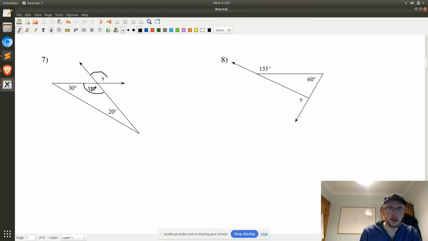And this is vertically opposite, so this must be 130 degrees as well, as it's congruent. This adjacent angle to the 155 supplements it, so it must be 25 degrees. Therefore, this angle here must be 95 degrees, and so this angle here must be 85 degrees.